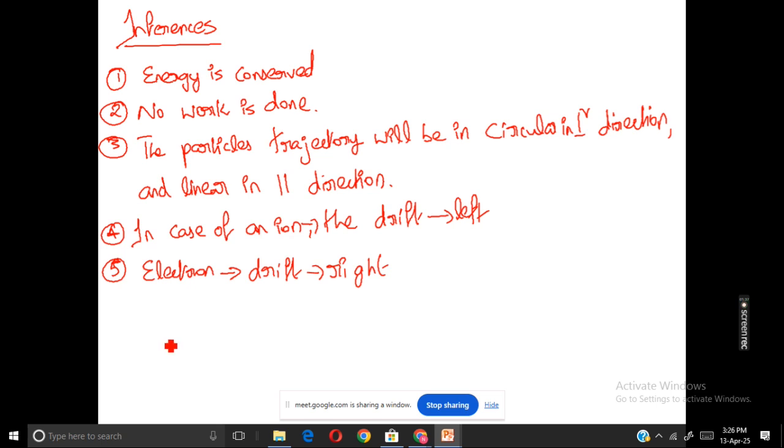The direction of gyration is called Larmor precession.